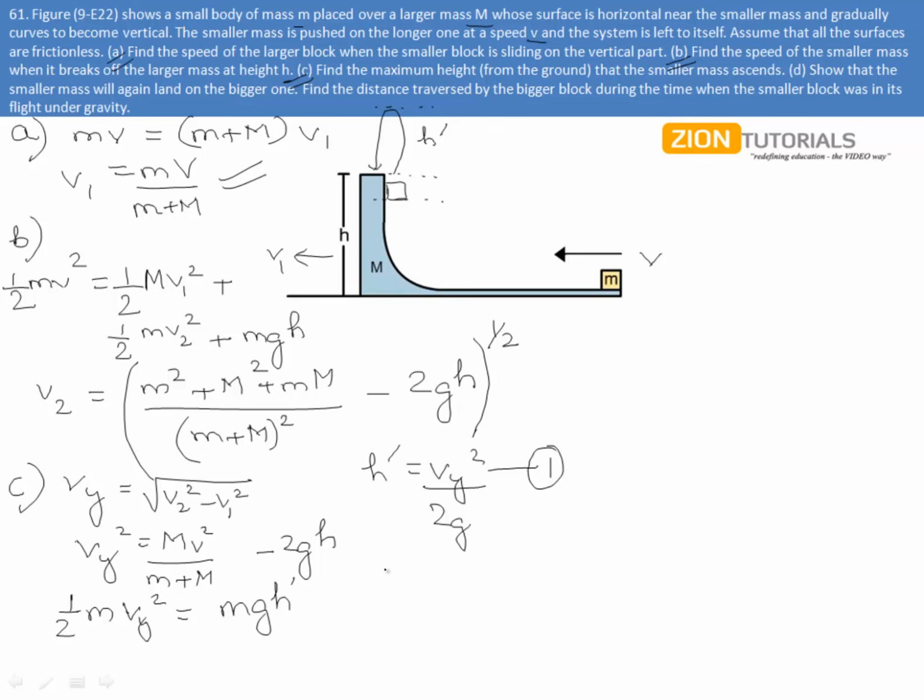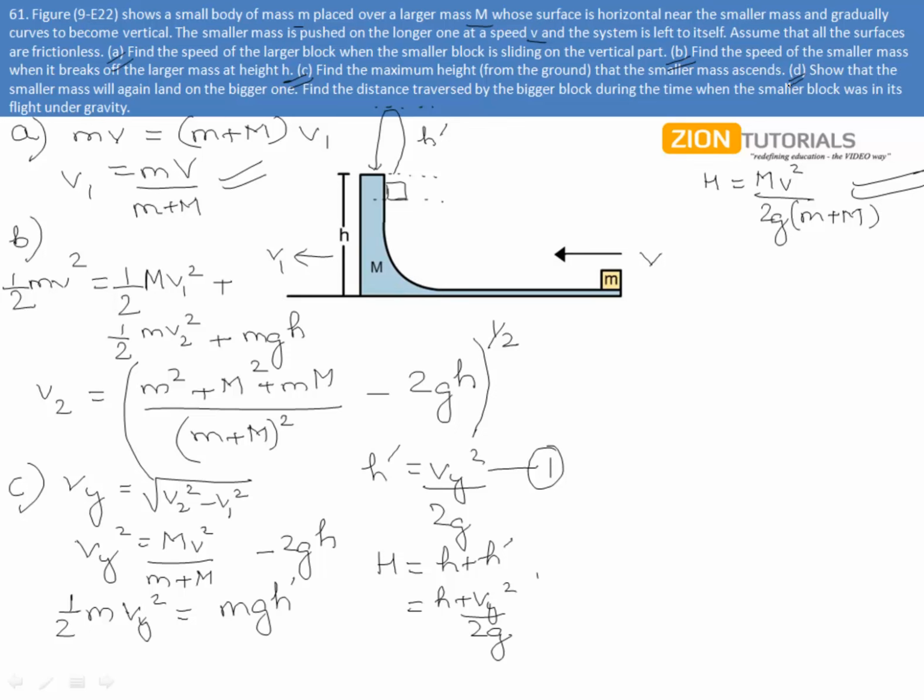As I explained before, the total height above the ground will be h plus h dash. So it comes out to be h plus vy square by 2g, giving me the value of capital H to be m v square by 2g into (M plus m). So this is basically the answer for the third part.